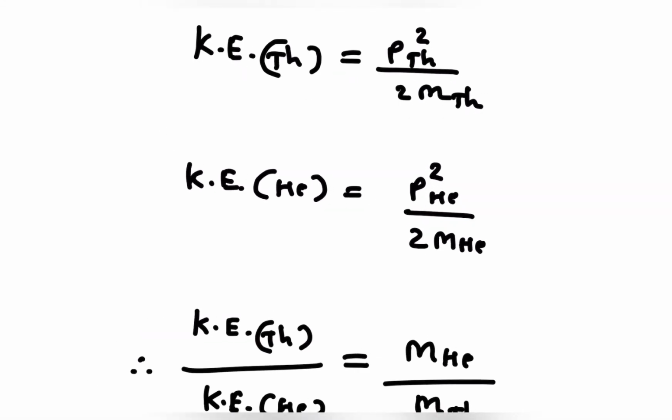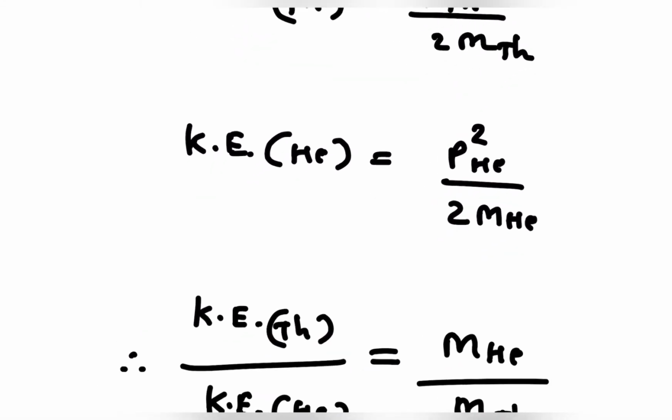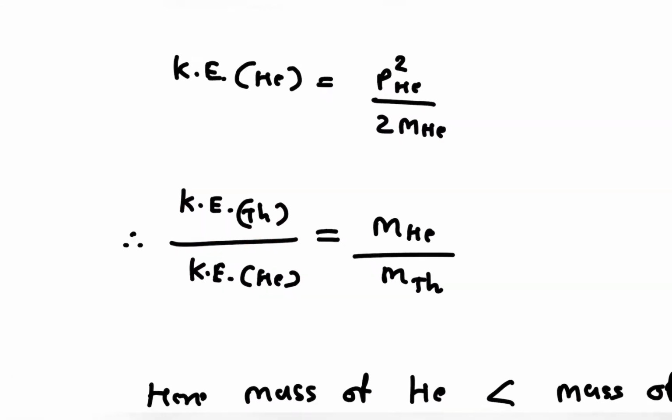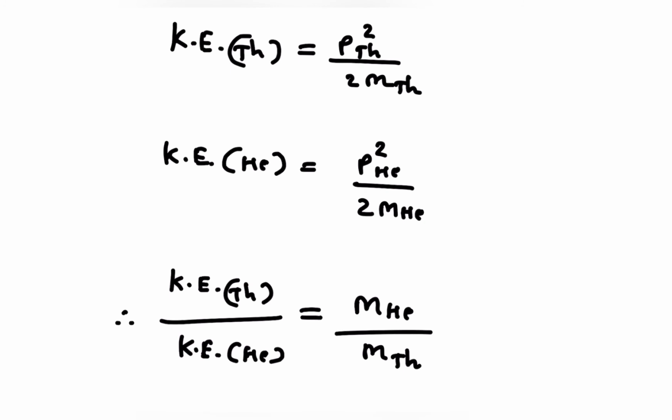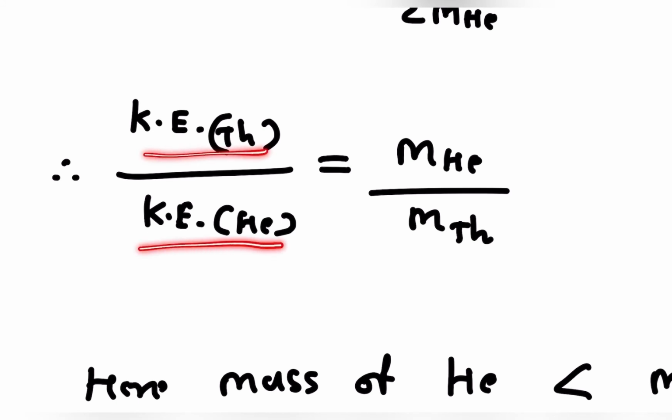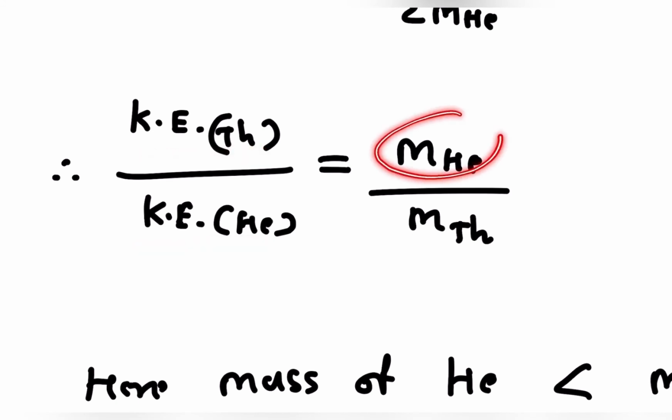Now taking the ratio of these two equations, kinetic energy is inversely proportional to mass. That's why the kinetic energy of thorium divided by that of helium is equal to the mass of helium divided by the mass of thorium.